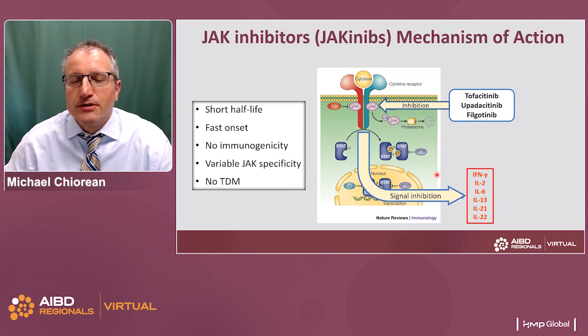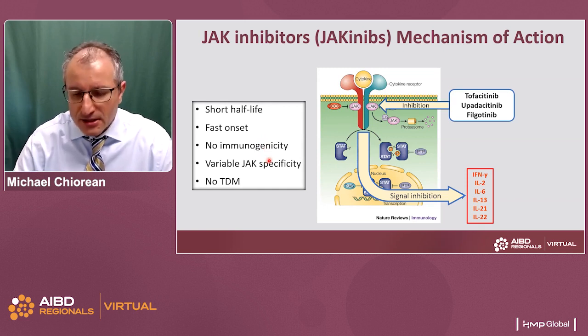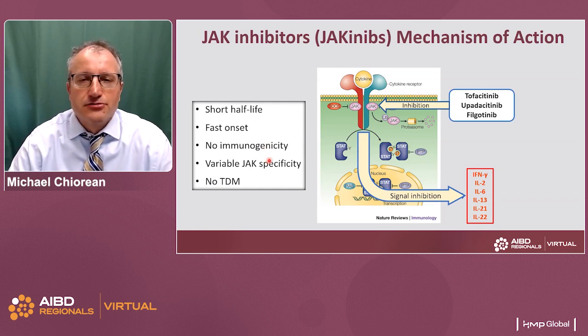They're also different in that rather than being a turn off or a switch off molecule, they work more like light dimmers. Other properties, they have short half-life, fast onset, no immunogenicity. There's variable specificity, as we'll see, and due to their short half-life, drug levels are not relevant.